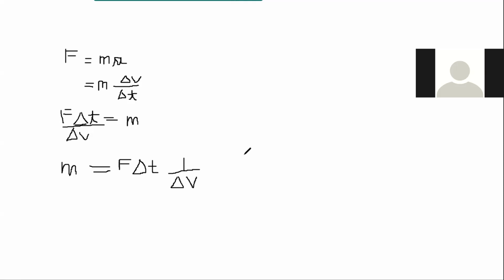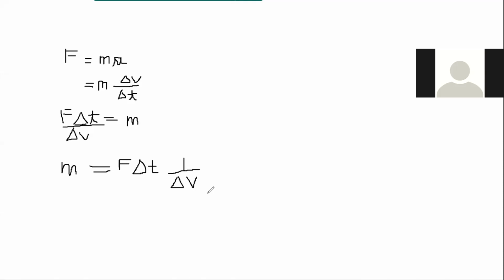Okay, so you see that with this equation now, we have been able to express the mass as a function of the change in velocity. But the change in velocity is the same as just v final, because the initial velocity was 0. So this is the same as v or v final. So if you keep F and delta t constant, and as m changes, delta v changes.